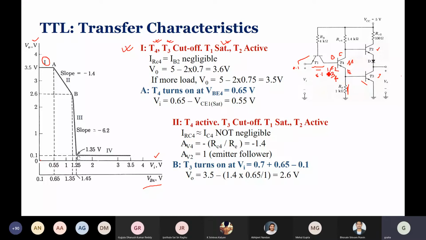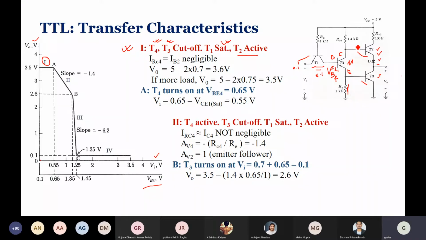Okay. And at that time, this T2 is having sufficient voltage to turn both the base-emitter junction and diode D on. Okay. So depending on the load current, it will remain active or it might go into saturation. As such it will remain active, and for that you can consider this to be 0.7 volt and 0.7 volt.